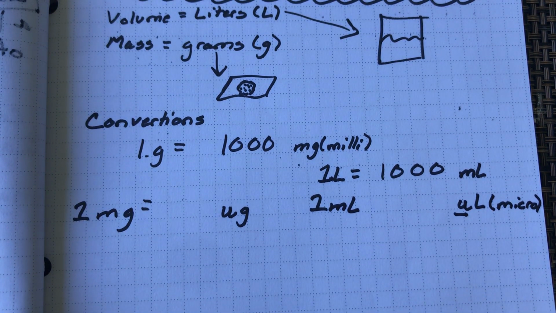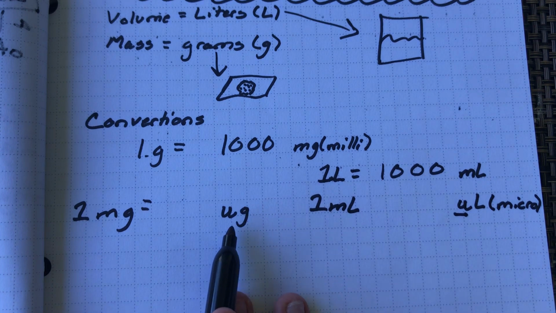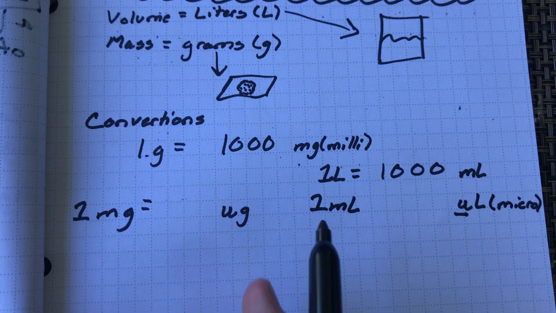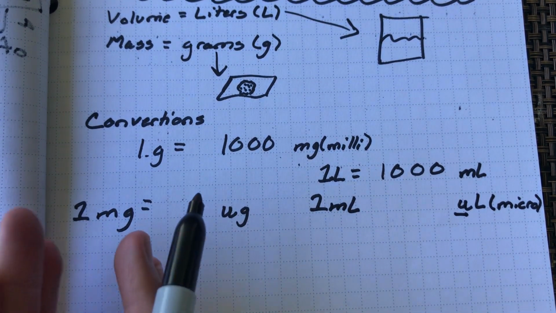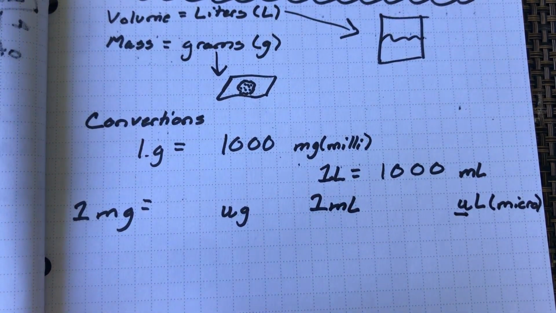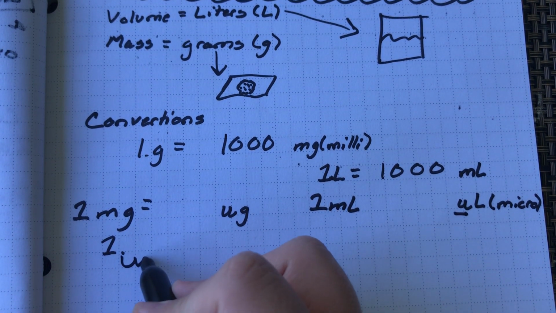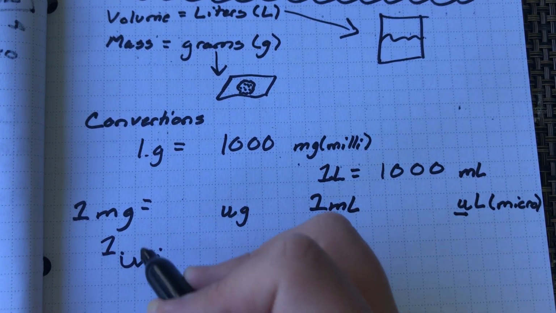And when you think of micro, you think of something smaller. So, obviously, a microgram is going to be smaller than a milligram, which means that there's going to be more micrograms in 1 milligram. So we're once again going to take our little decimal place right here, and we're going to move it 3 to the right again.